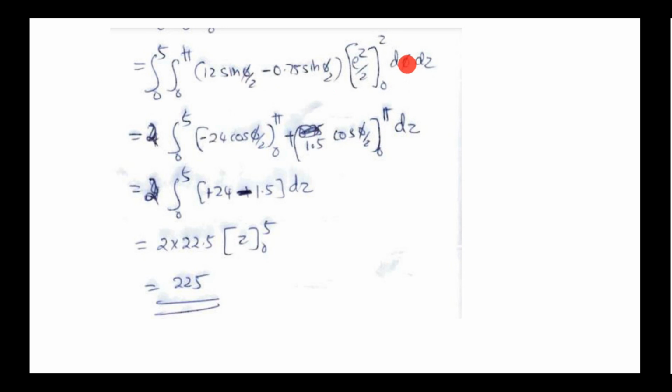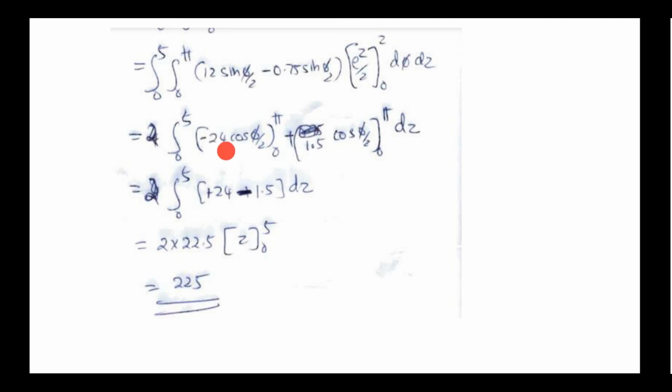With respect to phi, 12 sin(phi/2) gives minus 12 cos(phi/2) divided by 1 by 2, which is multiplying by 2, so minus 24 cos(phi/2) with the limits 0 to pi. Similarly, 0.75 sin(phi/2) gives minus, so with the minus sign it is plus 0.75 cos(phi/2) divided by 1 by 2, so 2 into 0.75, that is why 1.5 is written here. The limits are 0 to pi, and what is left is dz.